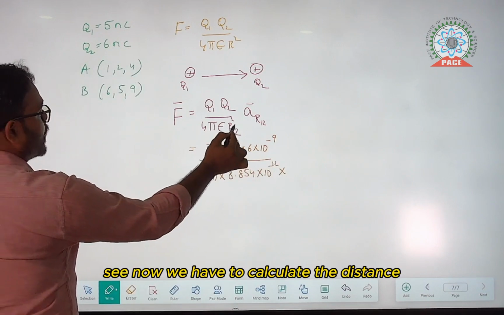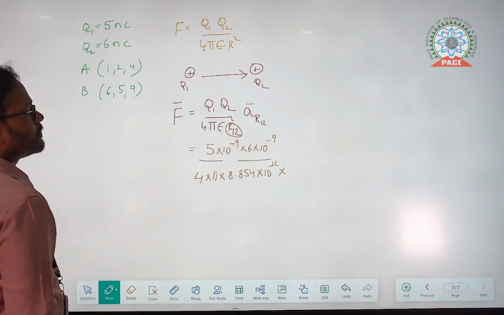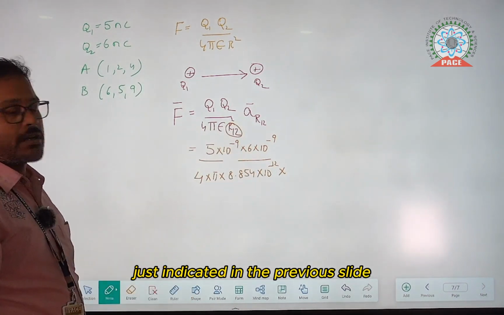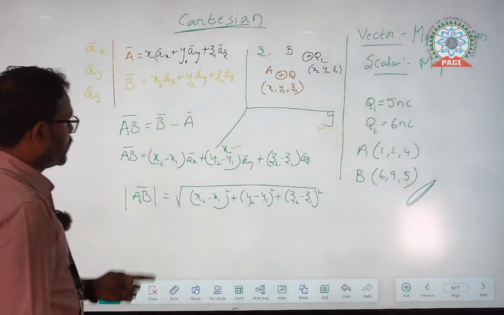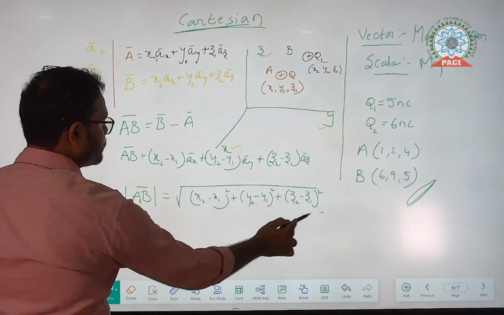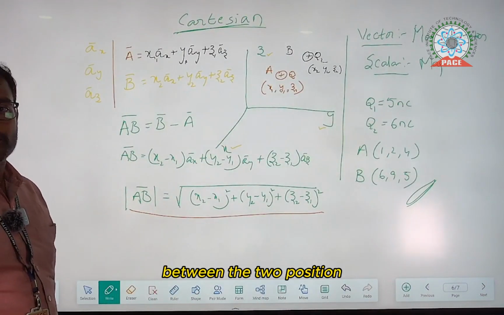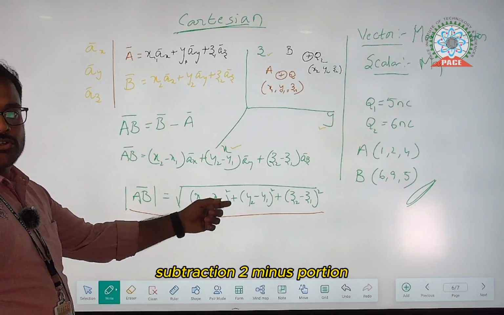Now we have to calculate the distance. As mentioned in the previous slide, the distance between two positions is the square root of position 2 minus position 1, whole square.